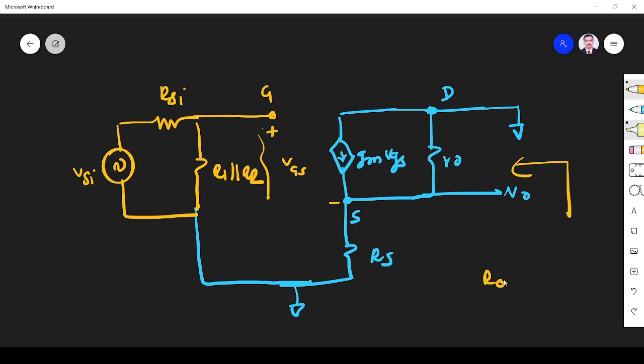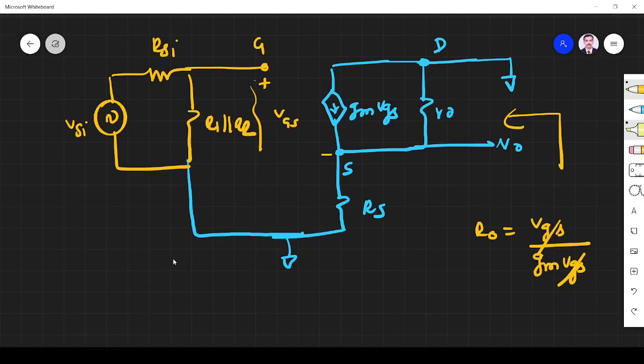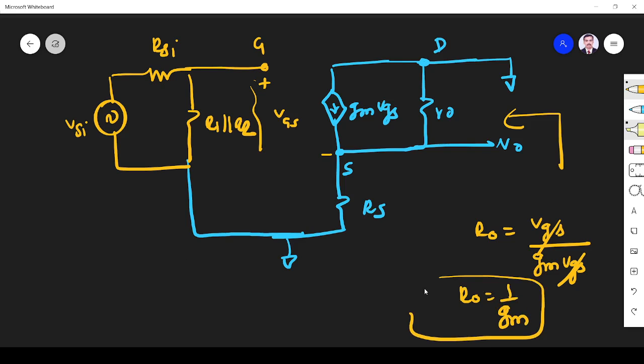What is capital RO? V by I. V is nothing but VGS, I is gm VGS. So VGS will be cancelled. So what is RO? RO is nothing but 1 by gm. So for common drain, the RO is 1 by gm.